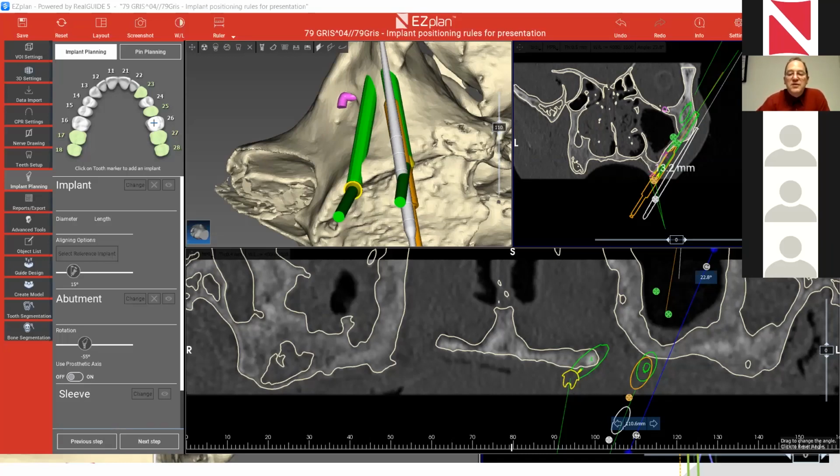But usually, if we have an implant that is moving, it's probably because it's not positioned in the right place, and it's not in the bone like we wanted it to be. So this has to be checked, and sometimes we need to re-drill.